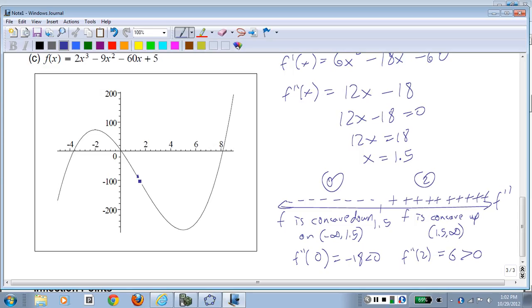The point where the concavity changes is called an inflection point, and the y coordinate of that point will be important. The next problem will ask us to do this, so I won't do it here, but going back to the original function f at 1.5, it looks like negative 90 something would be the y coordinate of that point.